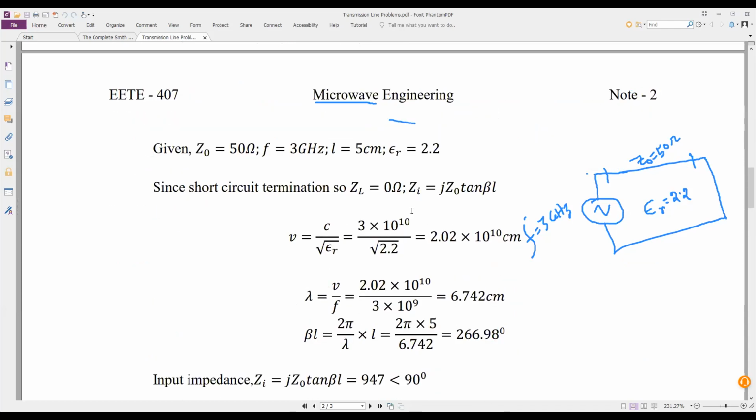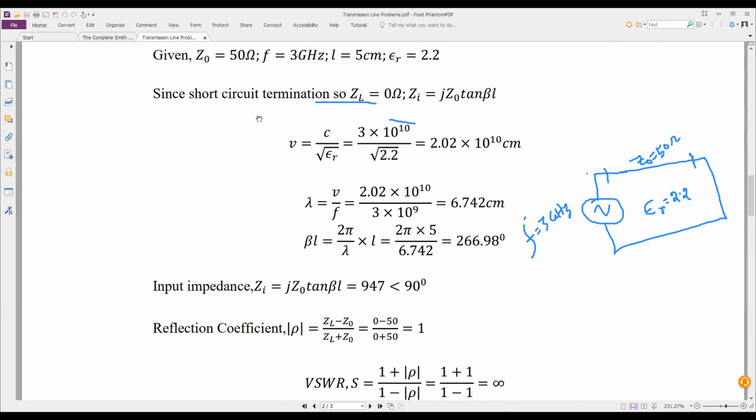So let me show you. Now see, since the line is short circuited, that means ZL is equal to 0. So what would be the input impedance?